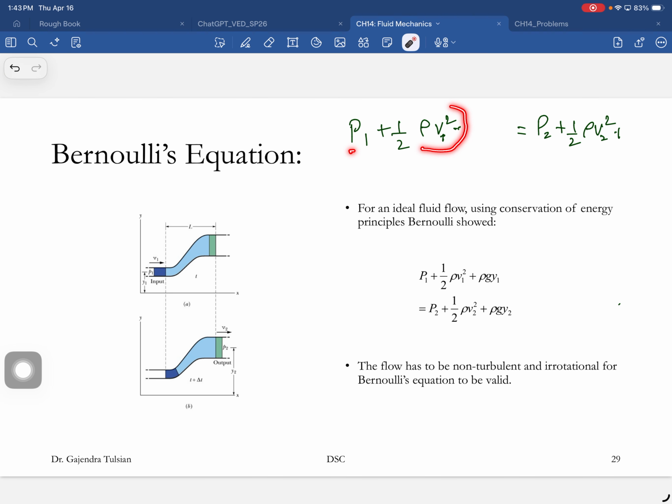The pressure difference because of the speed difference accounts for most of the lift. Okay. The faster the speed, the lower the pressure.